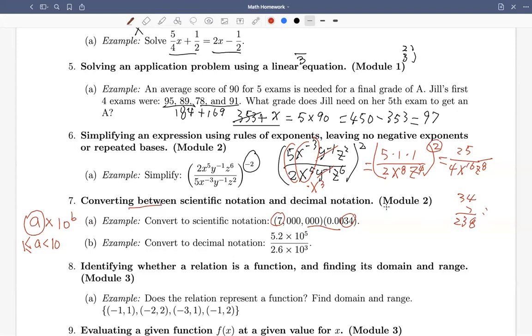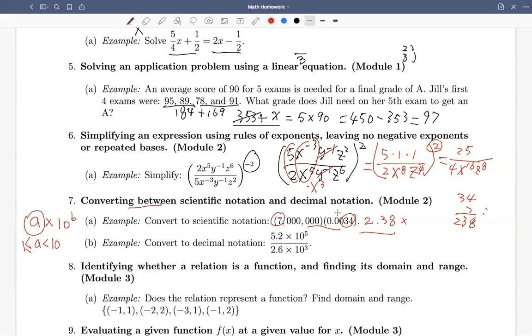Right? Because a has to be greater than 1, less than 10, we can only take 2.38. In scientific notation, the first number has to be between 1 and 10, so it has to be 2.38.